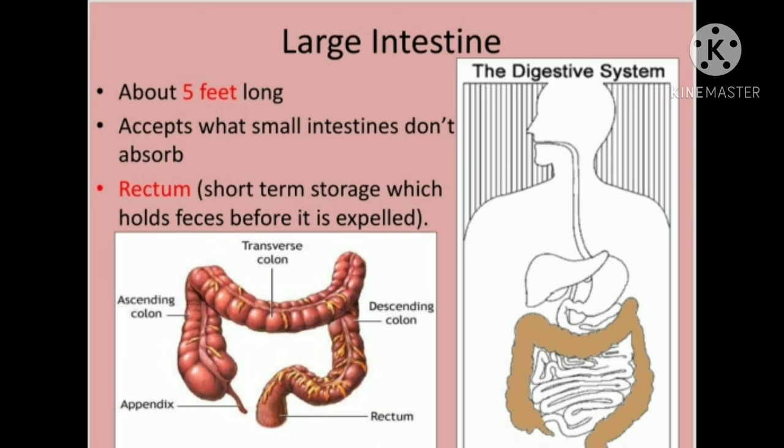It is only functional in herbivorous animals, which eat plants that contain cellulose. For digestion of cellulose, the appendix is useful in herbivorous animals, but not in our case.